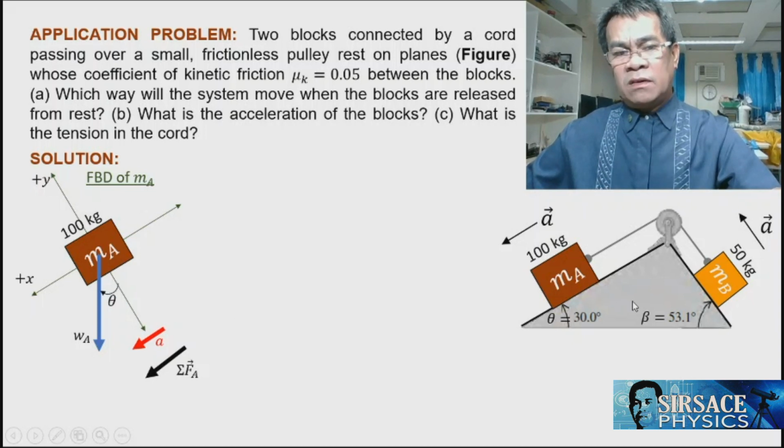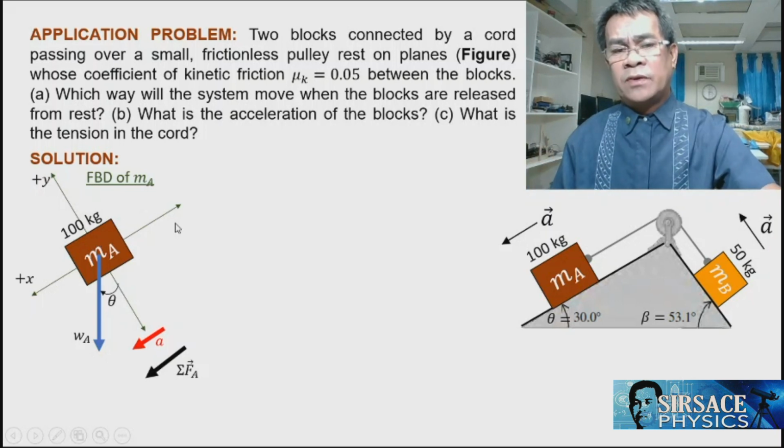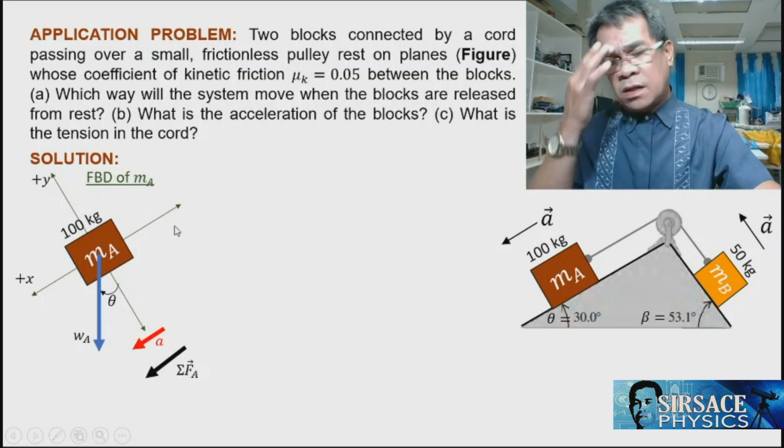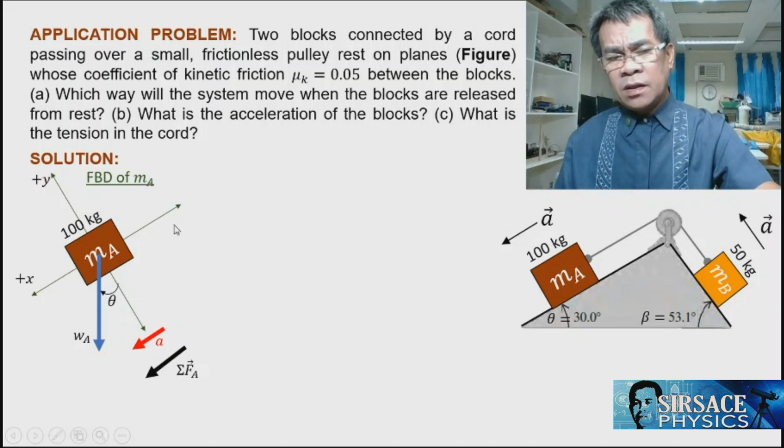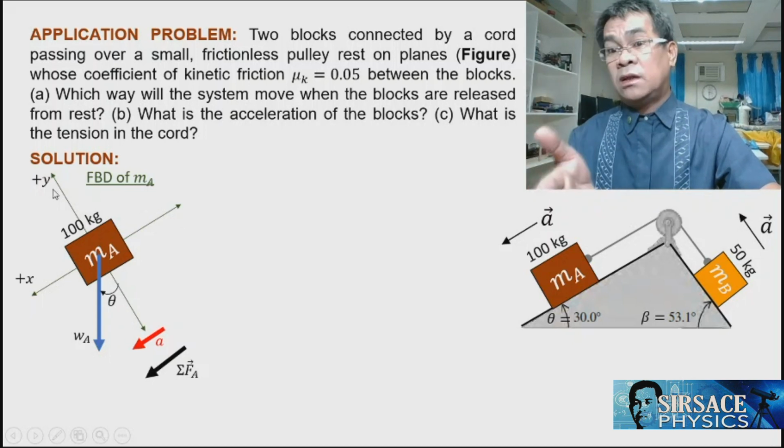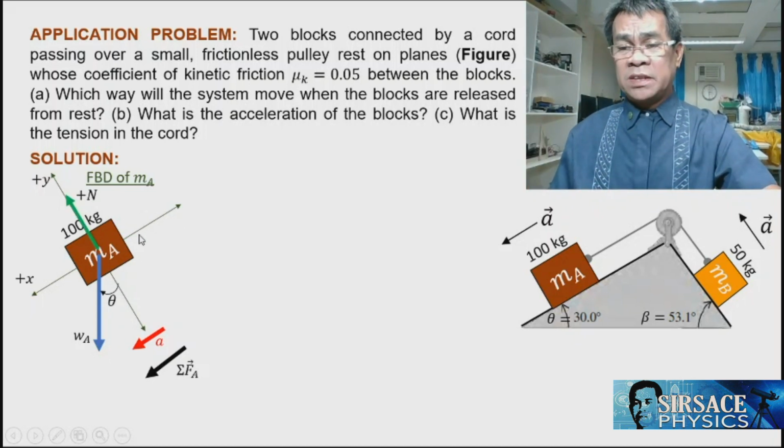Again, we have the contact surface, so there must always be a normal force. A normal force is a force acting against and perpendicular to the surface in contact. So the normal force should be towards the positive y-axis. N corresponds to the normal force.